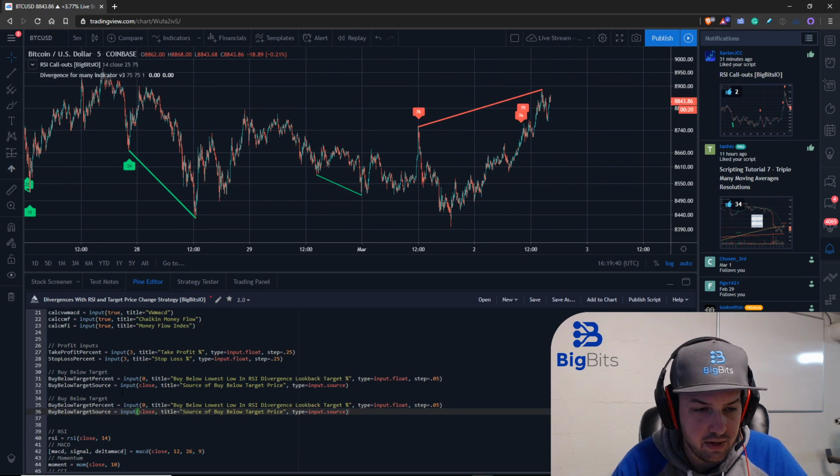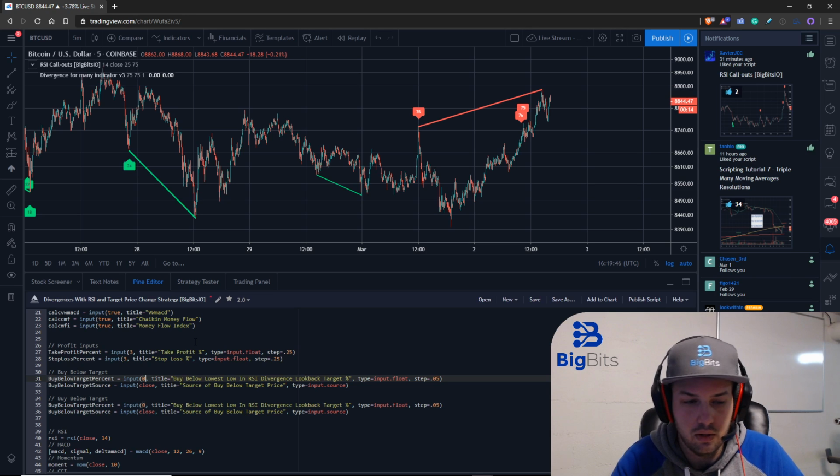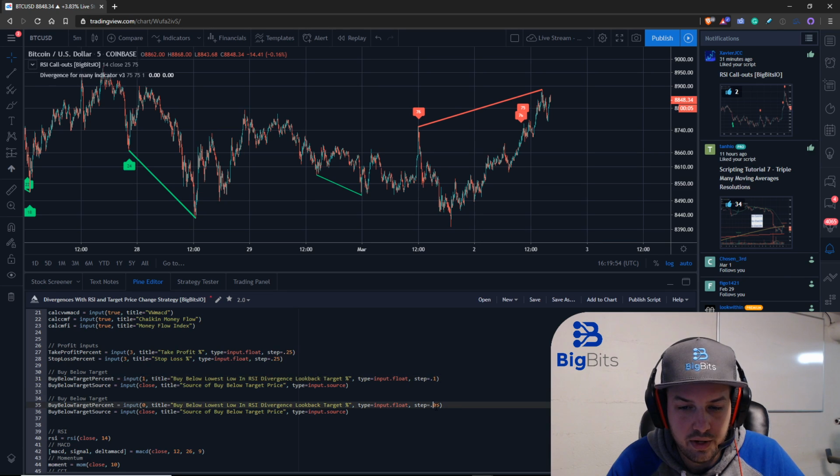So let's take a look here at what we can do. Buy below target percentage. Let's just say 1%. We'll obviously have to change these a little bit. I'm going to set the step to 0.1.